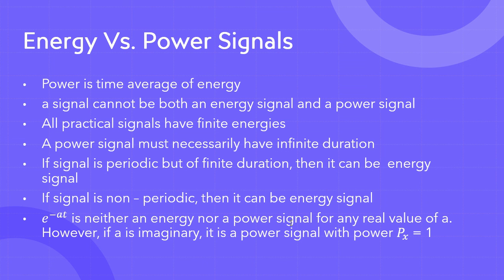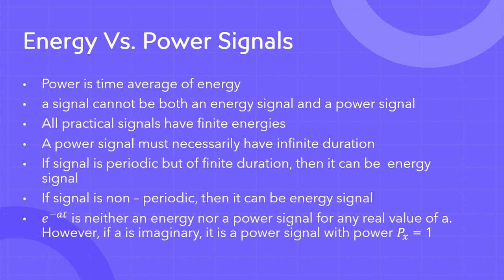In previous classifications of signals, we have seen that a signal can be either a continuous time signal or a discrete time signal. The signal must be either continuous or discrete.